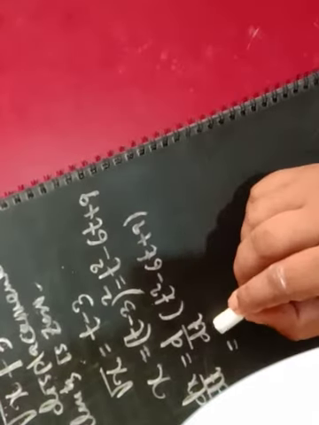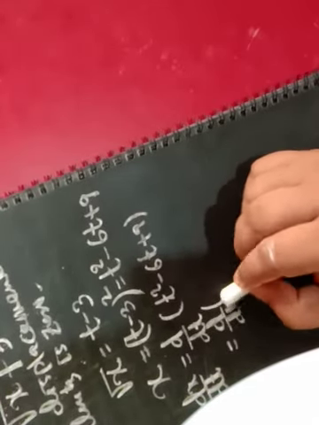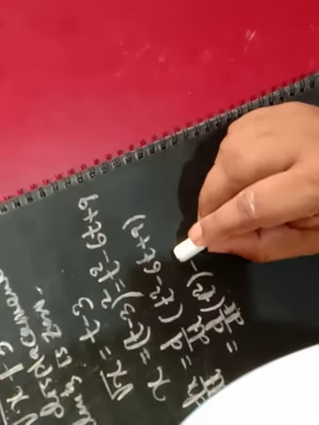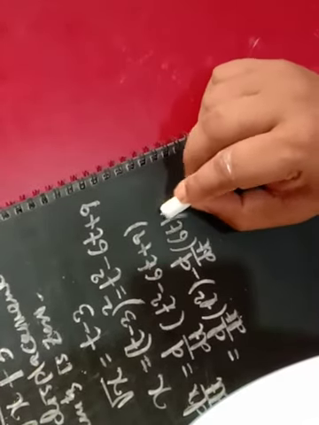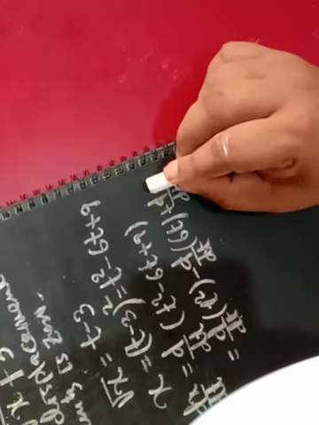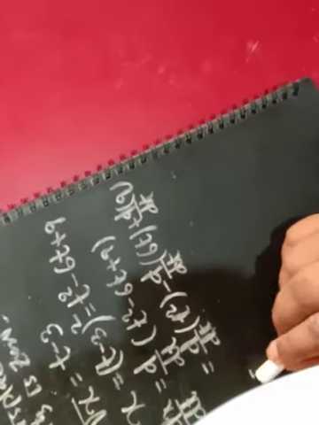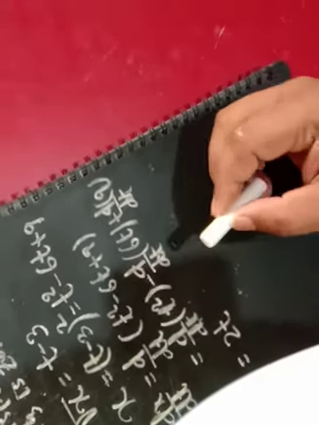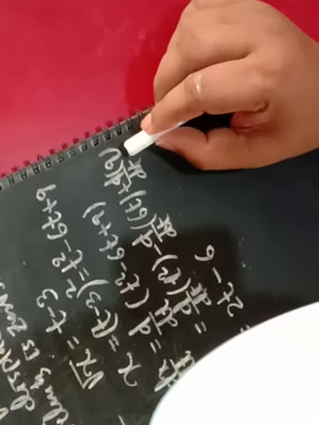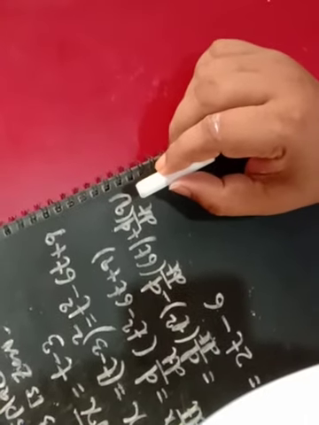From the differentiation formula, that is d upon dt of t square minus d upon dt of 6t plus d upon dt of 9. The derivative of t square is 2t, minus 6, and the derivative of a constant is 0. So 2t minus 6 is the velocity. You get the velocity equation v equal to 2t minus 6.